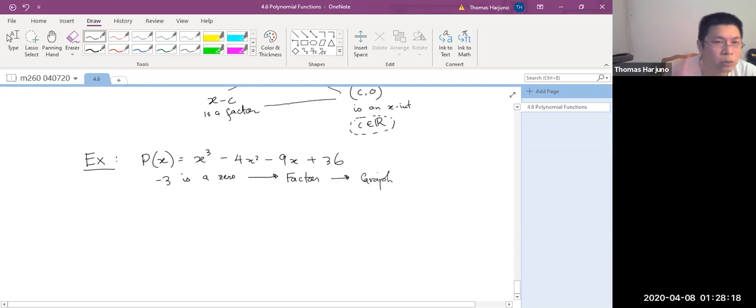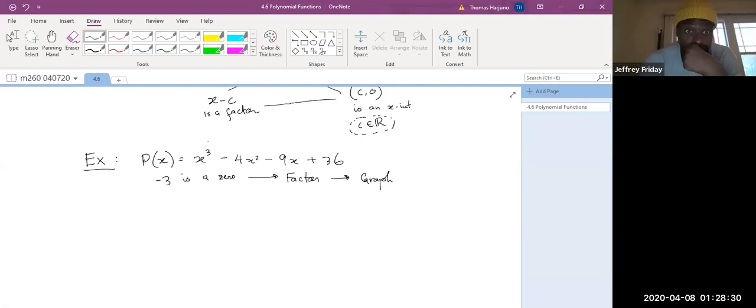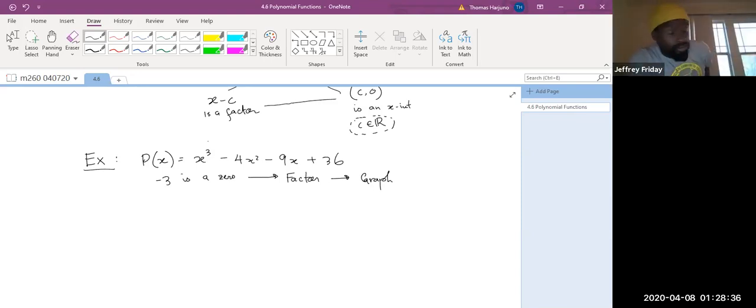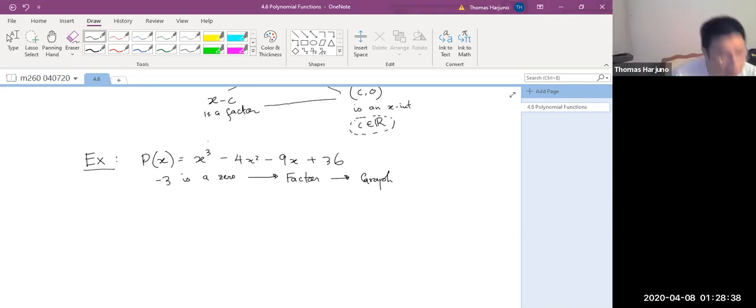Hold on, Thomas. What is the degree of this polynomial? 3. How many zeros do we have right now? 1. How many zeros are we supposed to have? At least 3, actually exactly 3.